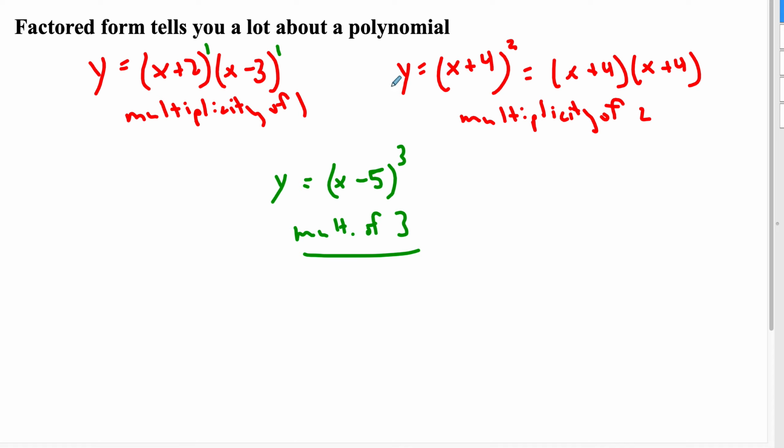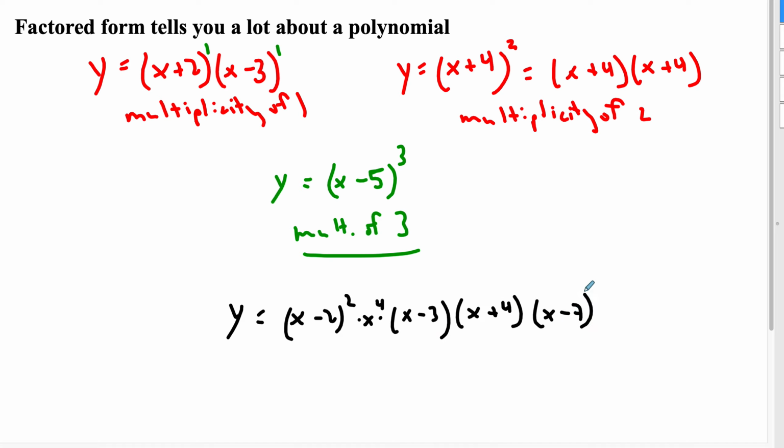Now, you can take this to the extreme, and you could have x minus 2 squared, times x to the 4th, times x minus 3, times x plus 4, times x minus 7, let's say, cubed, right? This means you're looking at one heck of a polynomial.